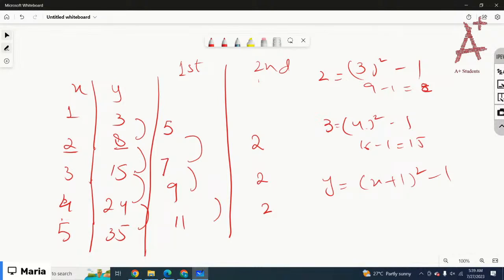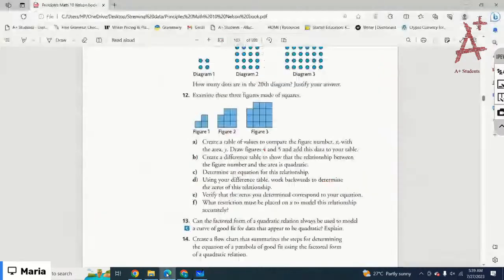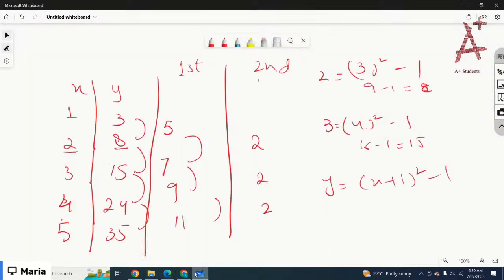Okay, that is for the D, you have to write the equation. Got it? Then using your difference table, work backward to determine the zeros. Now you have to go back to calculate the zeros.